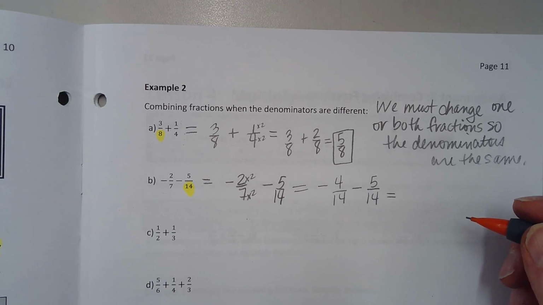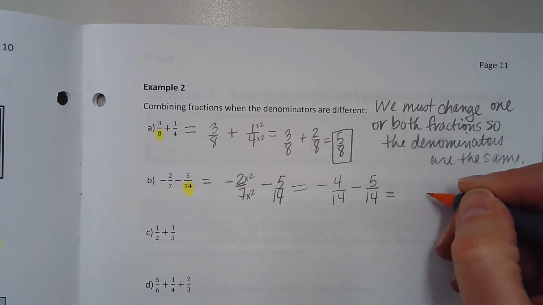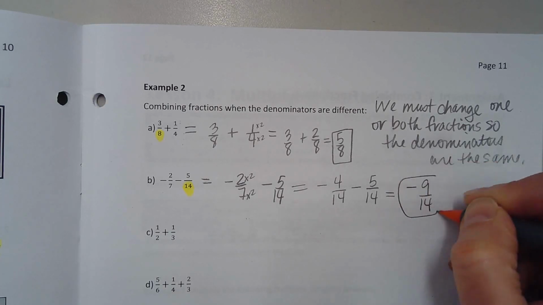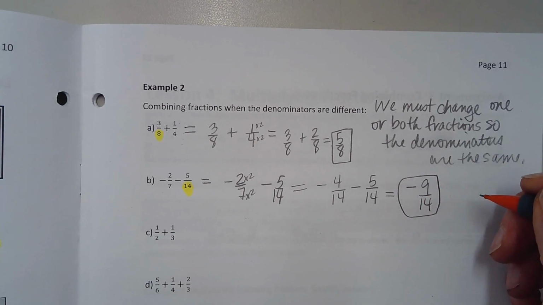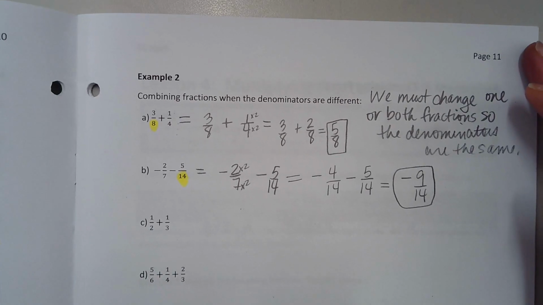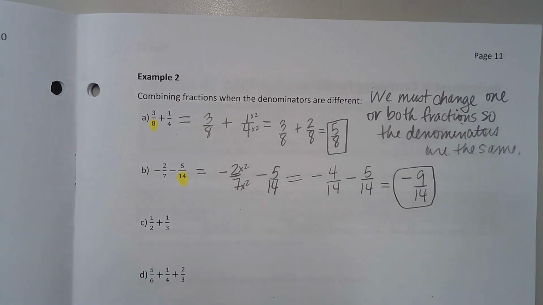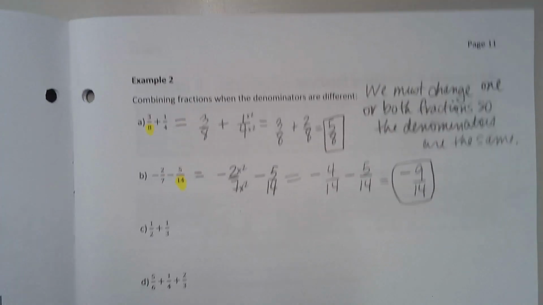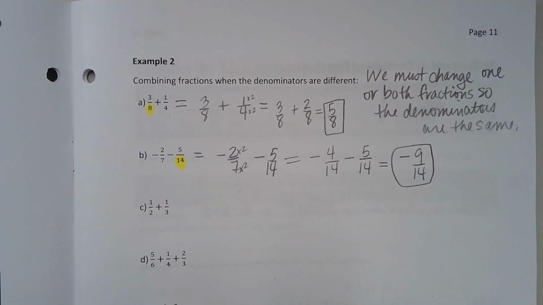What's the final answer? Negative 9/14. Okay, so far so good?